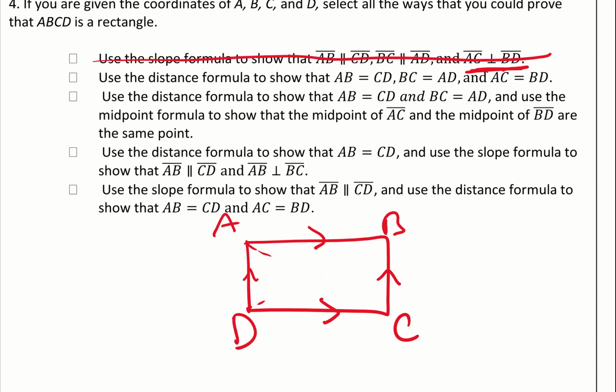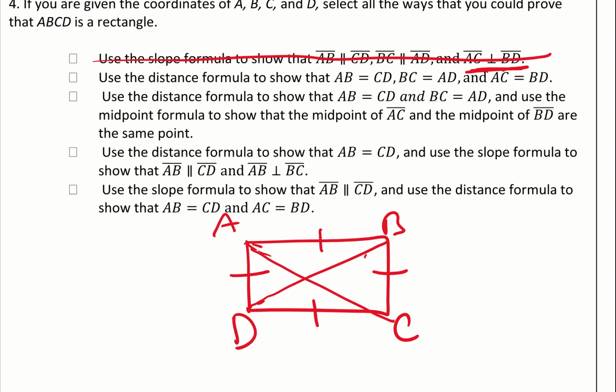All right, so let's look at the next set of criteria. For this next part, use the distance formula to show that AB is equal to CD, BC is equal to AD, and AC is equal to BD. And the answer is yes, this is true. This defines it as a rectangle.